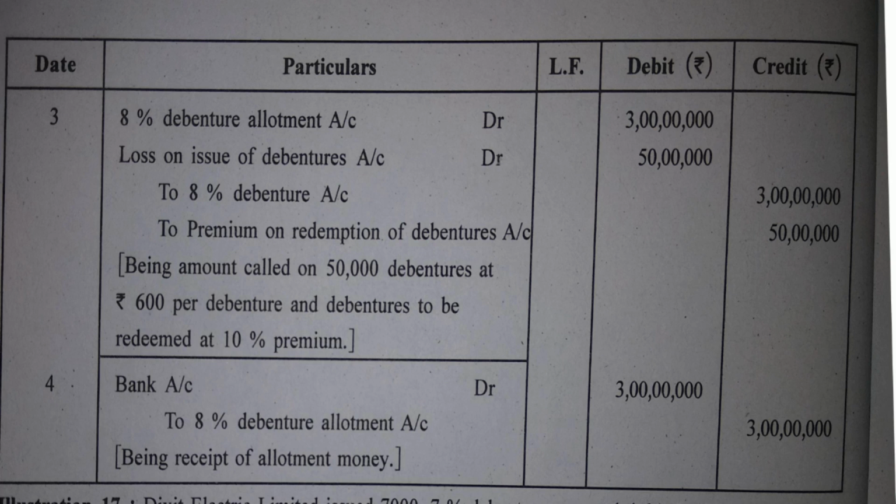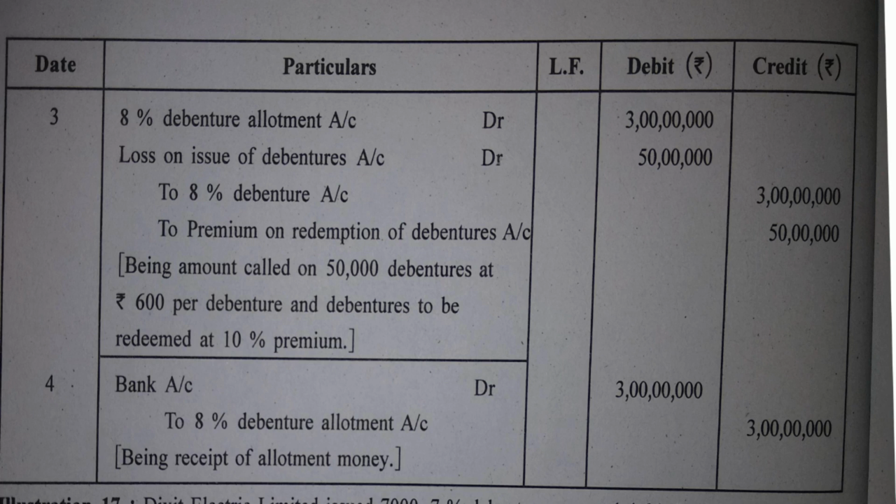Lastly, the journal entry for receipt of amount of debenture allotment. The third journal entry was about when allotment money becomes due. And in that journal entry, we have also shown that 100 rupees will be paid at the time of redemption.